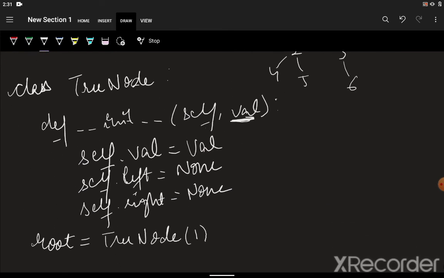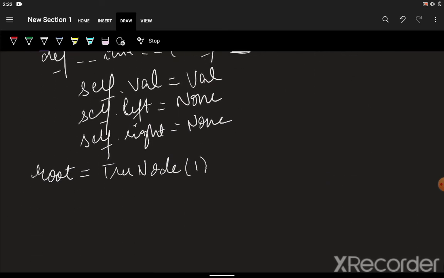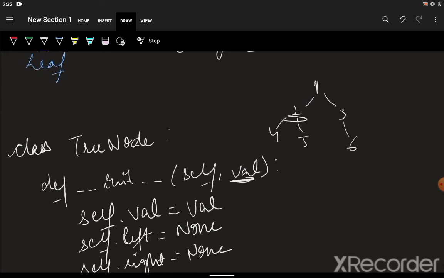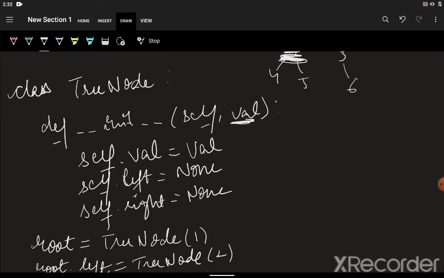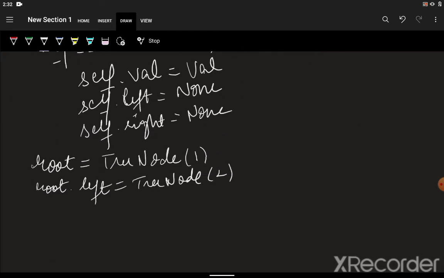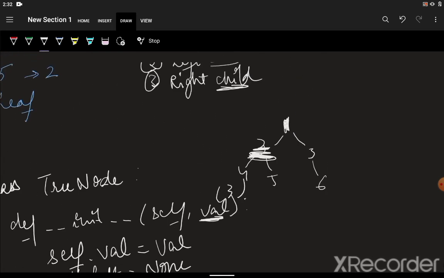So on the left of the root we saw another node holding the value 2. This is the root node, and this node is the left child of the root. So we give that connection: root.left is equal to TreeNode(2). root.right is equal to TreeNode(3), as the root's right child is 3.